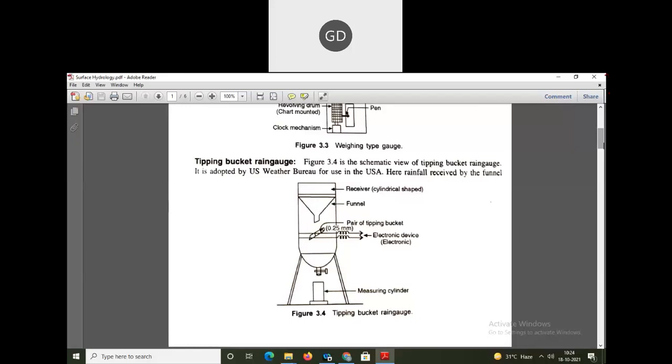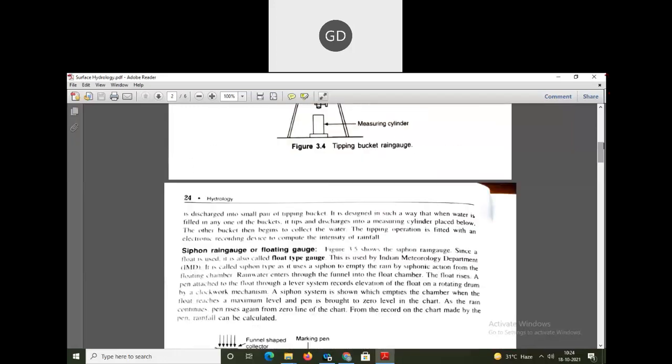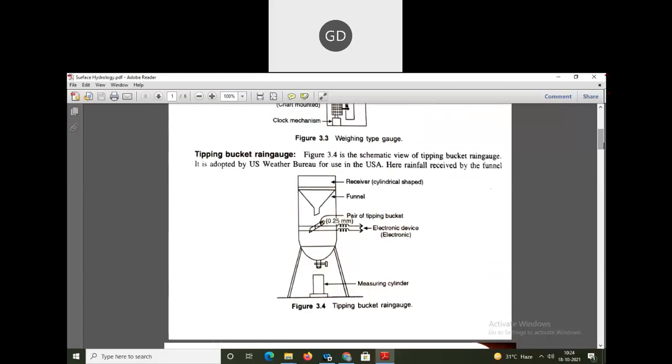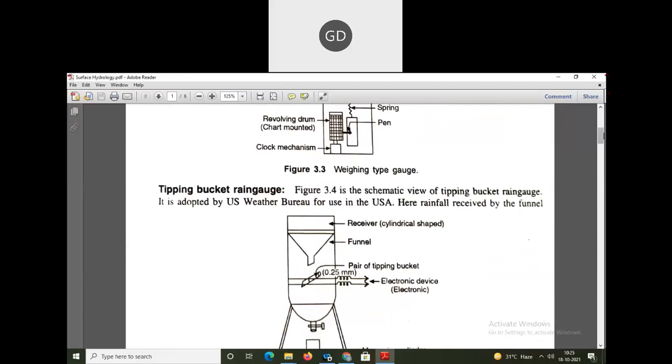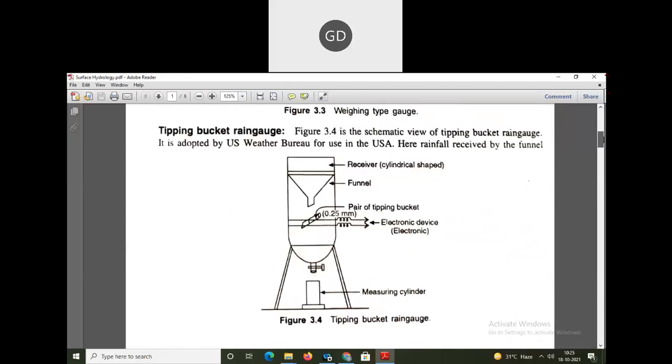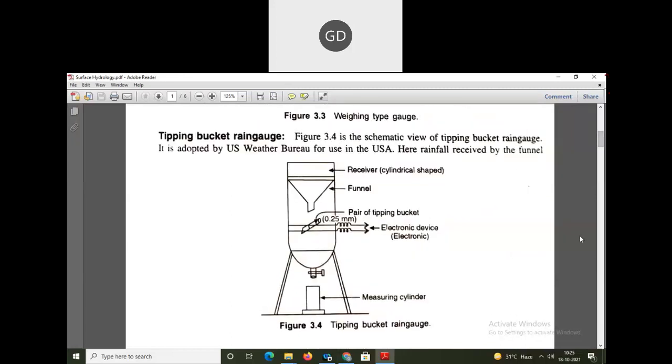You can also write down the notes. Very nicely it is given here, you just need to draw also. Let me zoom it a bit. Everyone, please write down tipping bucket rain gauge.